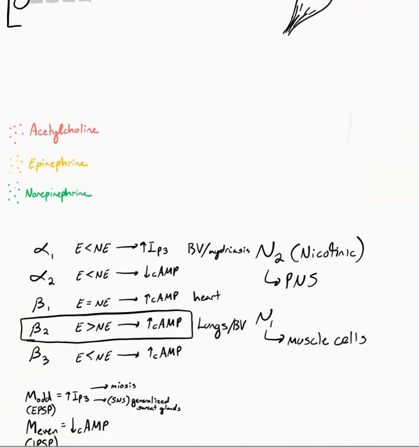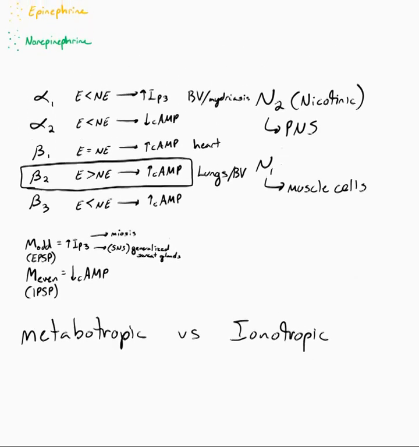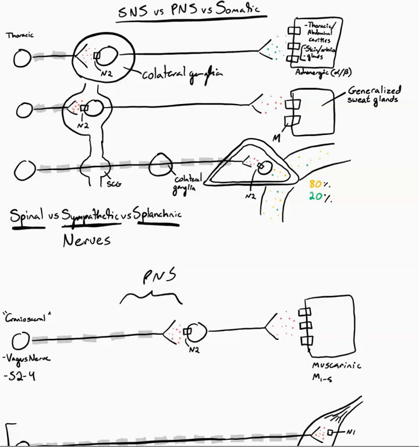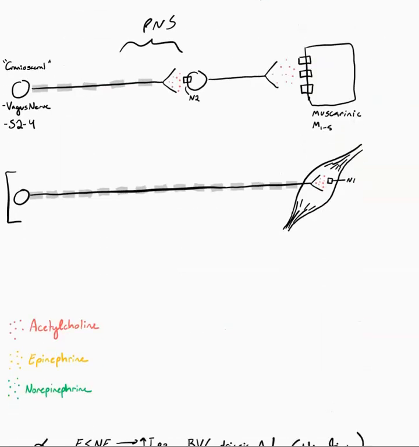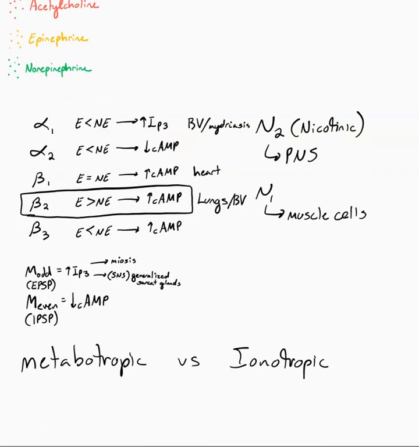And when it comes to the receptors, there are a few different types of receptors here. As we said, the alpha and beta receptors are subtypes of adrenergic receptors. Adrenergic just means they are receptive to epinephrine and norepinephrine, which are considered adrenaline.